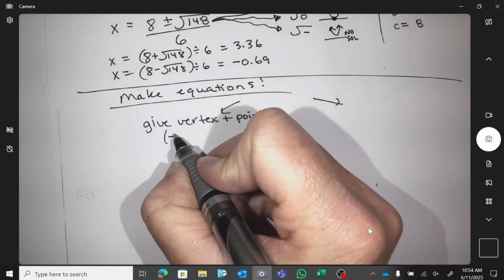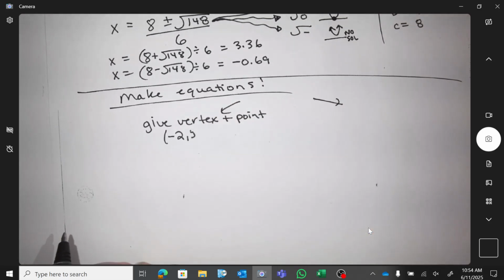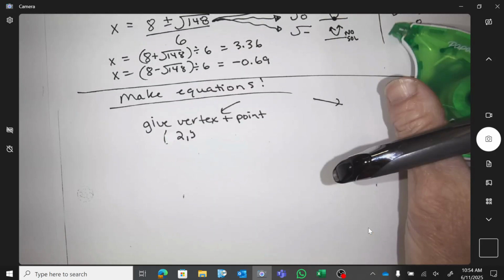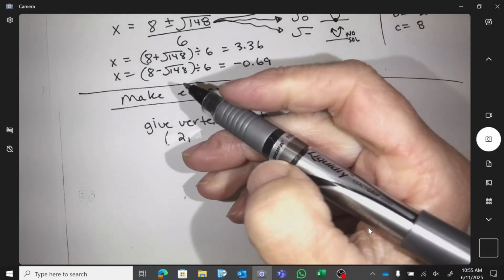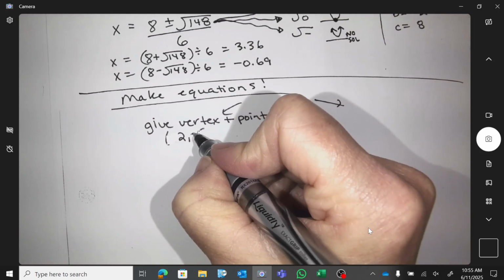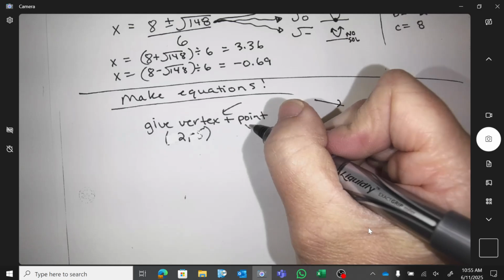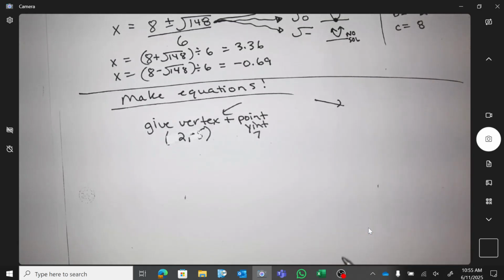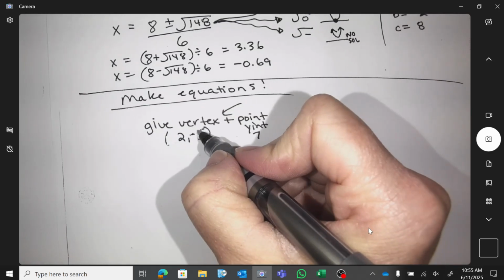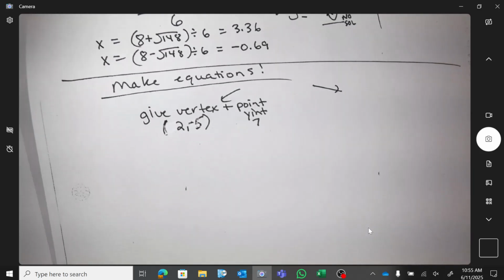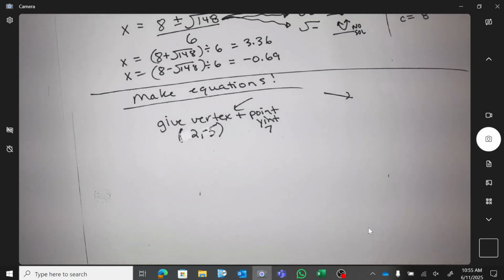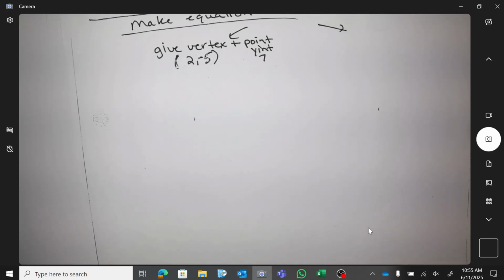If I gave you that the vertex is 2, negative 5, and a point is, hey, a y-intercept of 7.